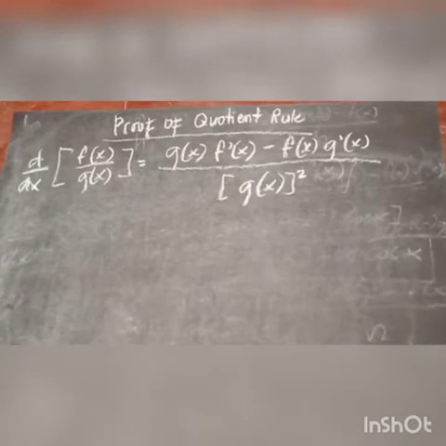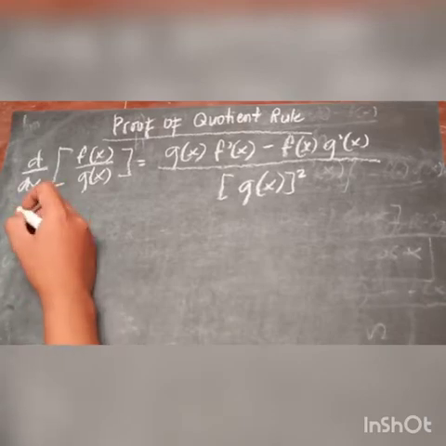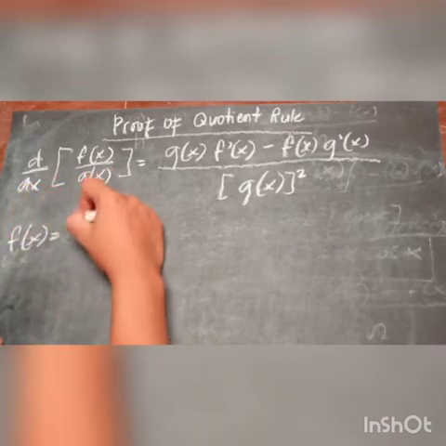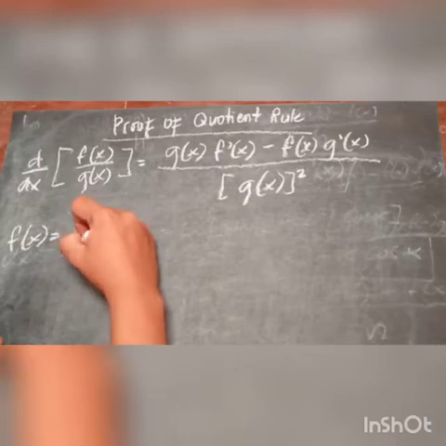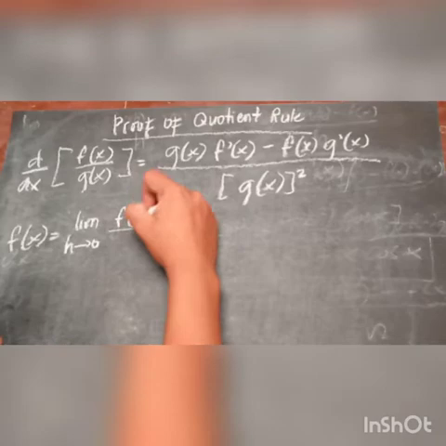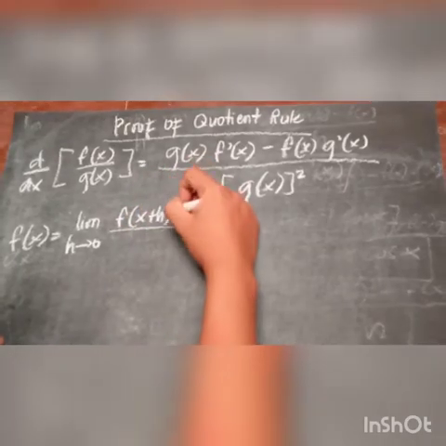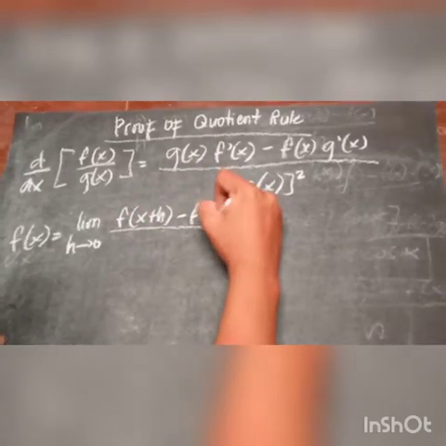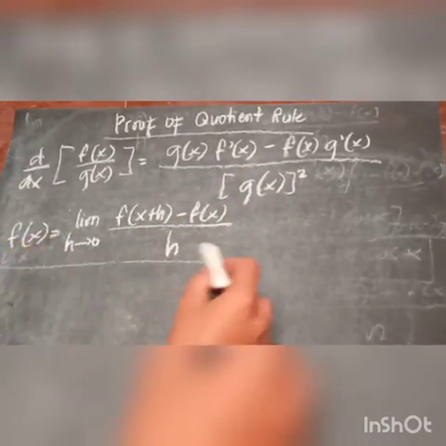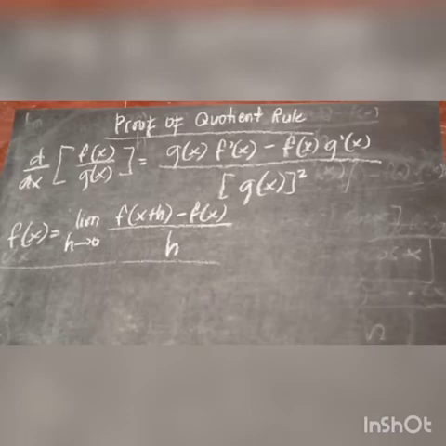So we will now prove this result. To begin, we apply the limit definition of derivatives to a function: f prime of x is equal to the limit as h approaches 0 of f of x plus h minus f of x, all over h. So this is the limit definition.